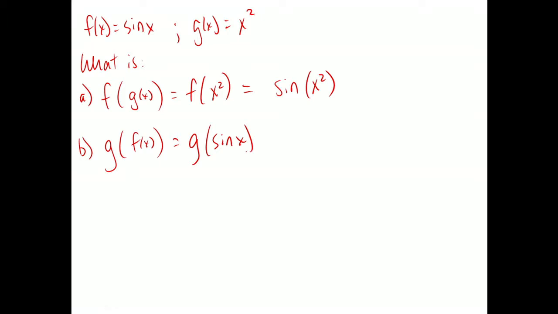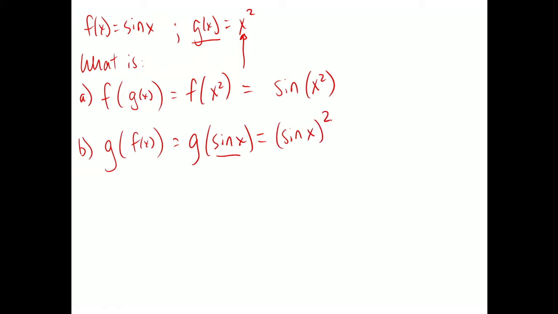Okay, and now it's saying, what is this? That's g, that's a function. g of x is a function. But I'm not plugging x in there, am I? I'm plugging sine of x in, which means in my g of x function, which is up here, I should put sine in for x. Let me erase this arrow here, it's in my way. So this is really sine of x squared.